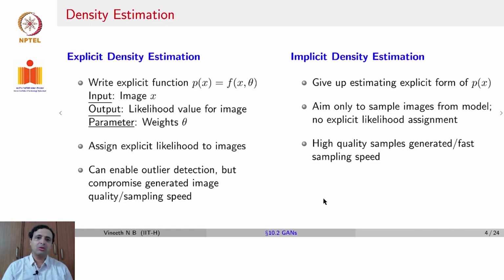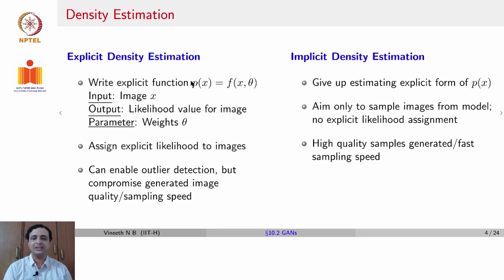We also talked about last lecture on density estimation of the probability distribution from an implicit perspective and an explicit perspective. These also define the different approaches for deep generative models. In explicit density estimation methods, you try to write an explicit function for the probability distribution.